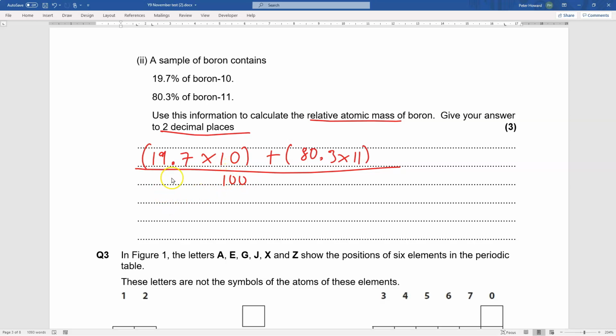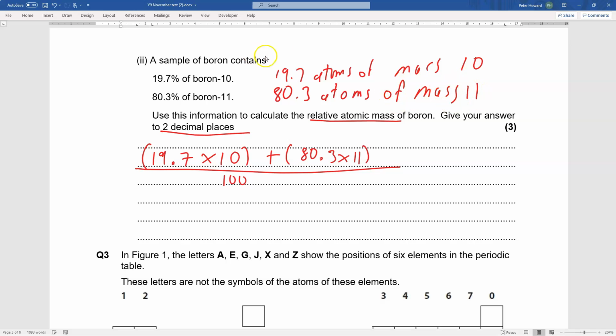So I mean, if you were doing it as an average of maths, you'd have 19.7, say, atoms of mass 10, and this would be 80.3 atoms of mass 11. So that's where you could sort of think about it.